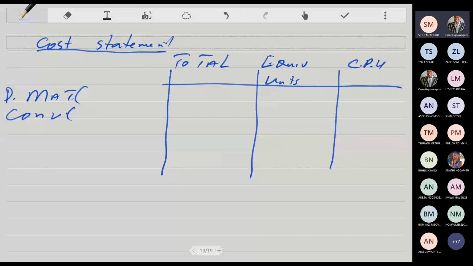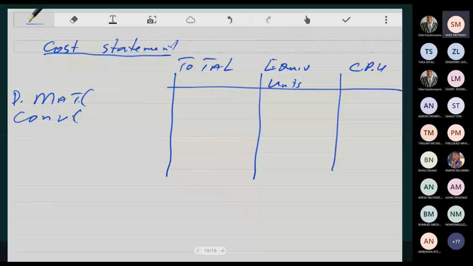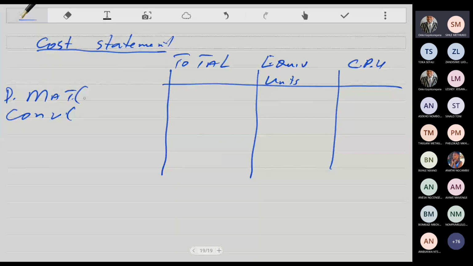Let's look at our cost. You've got 20,000, that is your opening, plus 100,000. That gives you 120,000. Coming to the conversion, you've got 50,000 and 200,000.